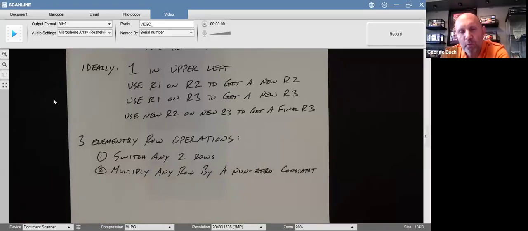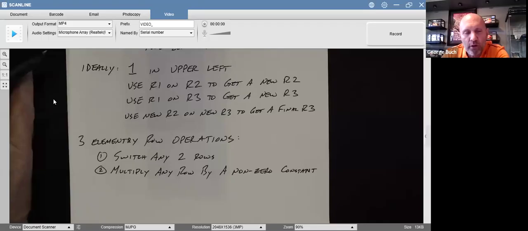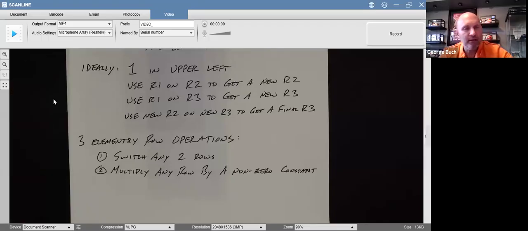Well, those are all divisible by 2, right? So I can multiply that row by a non-zero constant, in this case, 1/2. So I multiply 2 by a half, I get 1. 4 by a half, 2. 6 by a half, 3. 8 by a half, 4. So I can multiply any row by a non-zero constant, and that's acceptable as well.